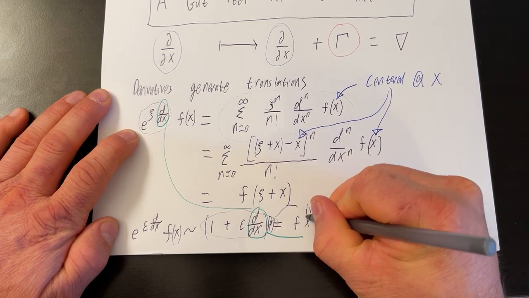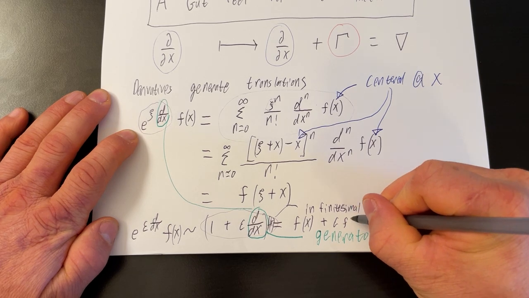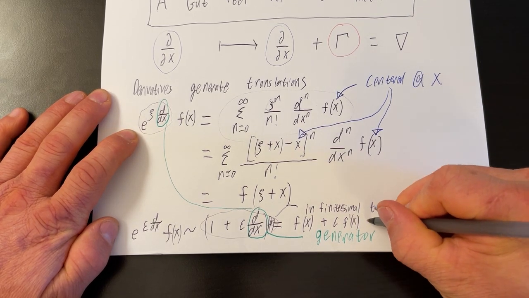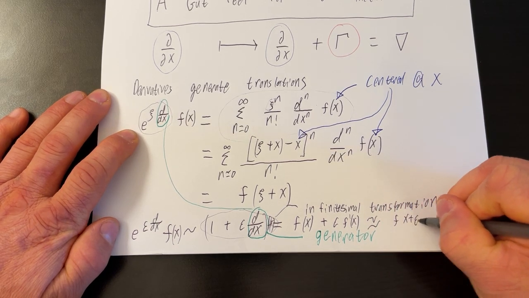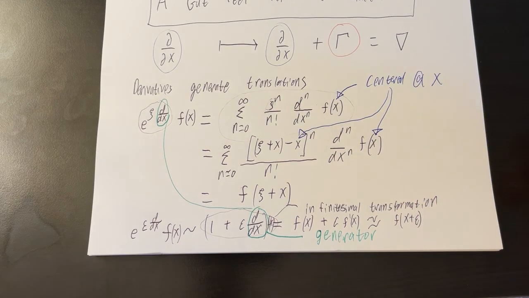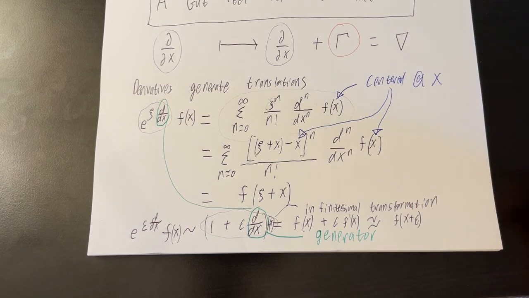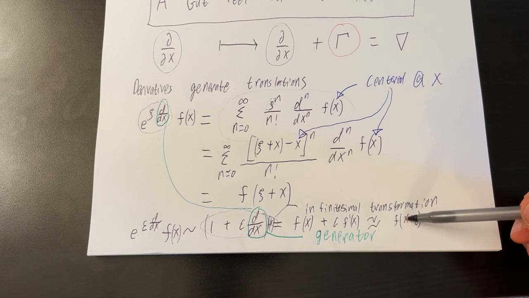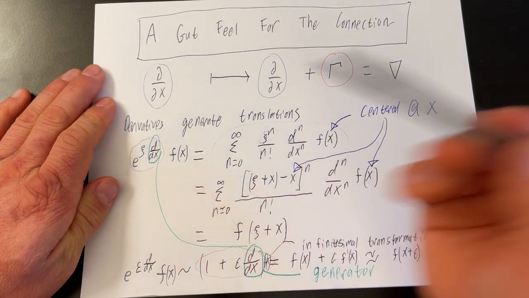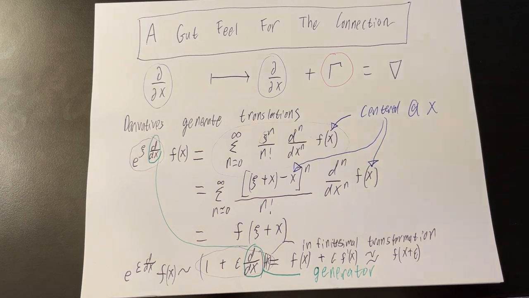So distributing, that's 1 times f of x plus epsilon times the derivative, let's say f prime of x. And that is approximately f of x plus epsilon, right? If you were to expand f of x plus epsilon, it would look like that. It would be just 1 plus epsilon times the derivative operator. That's an infinitesimal translation down here. But up here, that is macroscopic. So by xi, I mean not an infinitesimal thing, but a large thing.